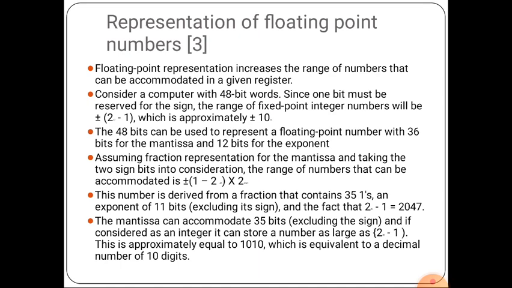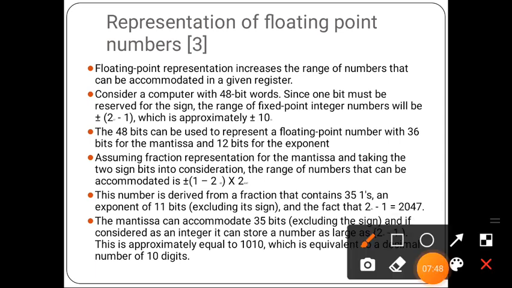A 48-bit word can be used to represent a floating point number with 36 bits for mantissa and 12 bits for exponent. So the same number can be represented using a floating point number.